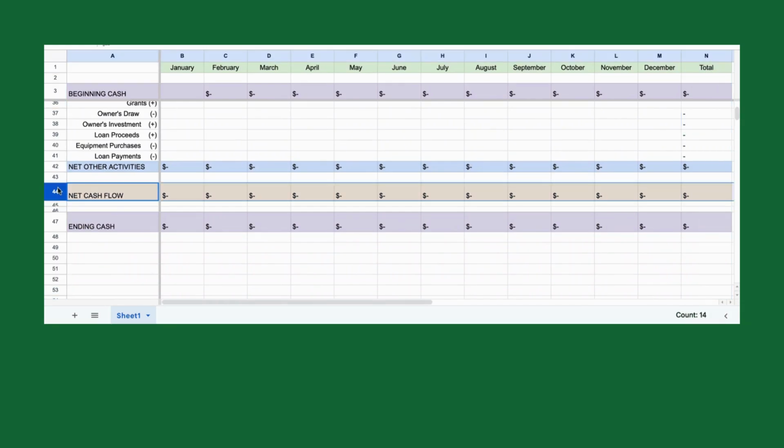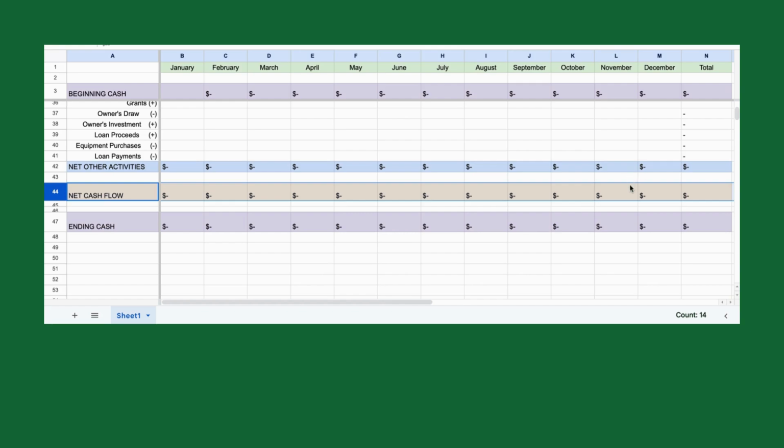First, there's the net cash flow, both by month and the total for the year, which is basically the balance of the money that came in and out of your farm over the course of each month. And that money can be a positive number, like you had more money coming in than going out, or it can be a negative number, meaning more money went out than came in.